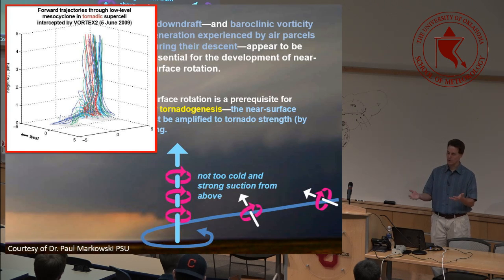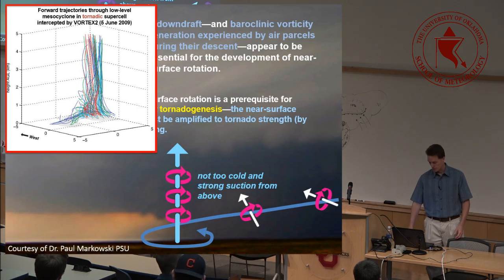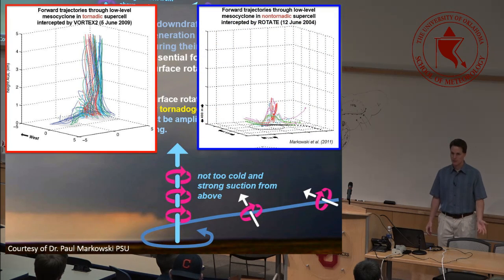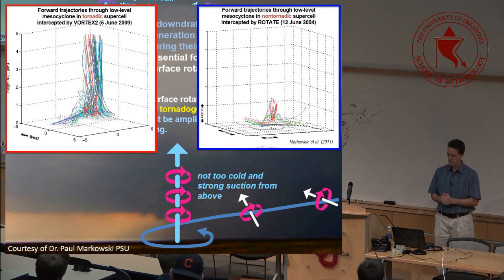This is the case with the relatively buoyant rear flank downdraft. So that is downdraft air that is being reprocessed in the low levels, pulled in, and it actually is being processed in the updraft. The non-tornadic storms, look what happens to them. They're pulled up. The pressure perturbation tries to draw that air upward. You see a little bump, and almost none of them make it. So the idea here is that air is not feeding the deep updraft.